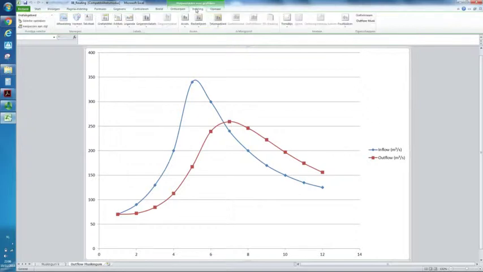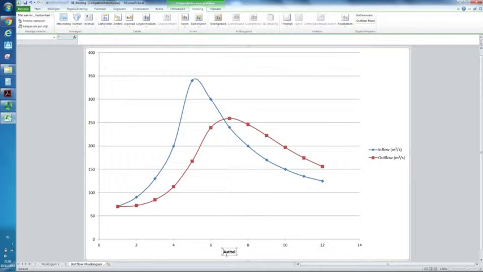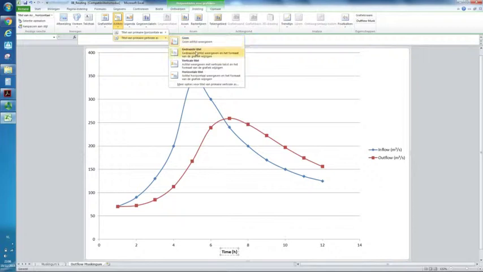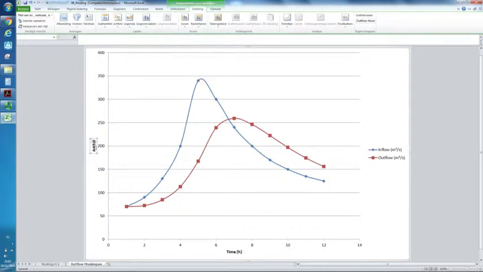And let's add some titles. The horizontal axis will be the time in hours. The vertical axis will be, in general, flow in cubic meters per second, like that.